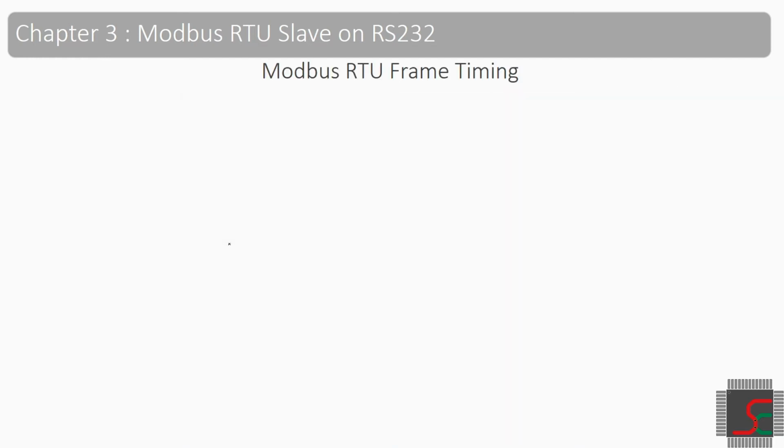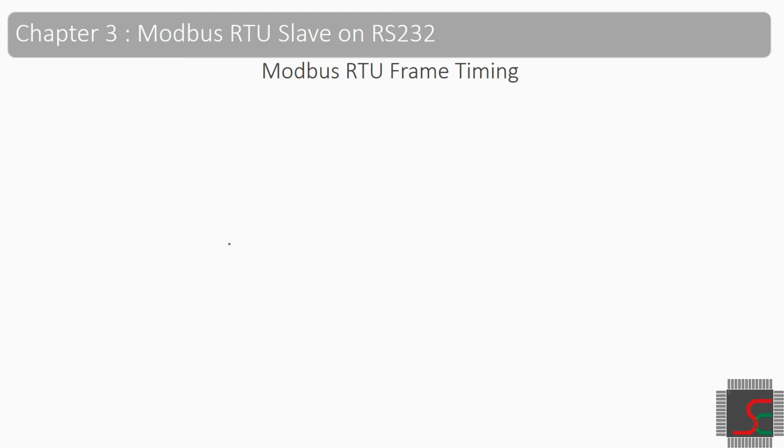As per Modbus specification 1.02, the Modbus message starts with a silence, meaning no data, for a duration of at least 3.5 characters, and the frame is said to be completed again after a silence of the same time, that is 3.5 characters.